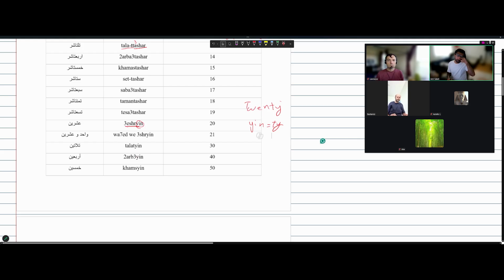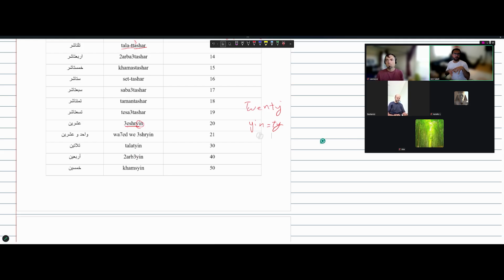So my own theory is that with 20 it was the dual form, and with the others it was the plural form. But because, like Bashandi said, the way of separating them depends on the case of the word in the sentence, they both settled on the same way of saying it.